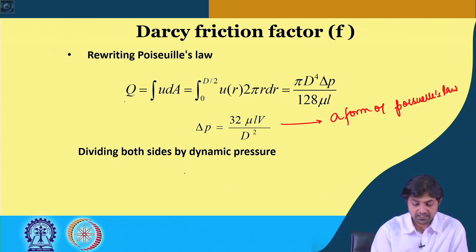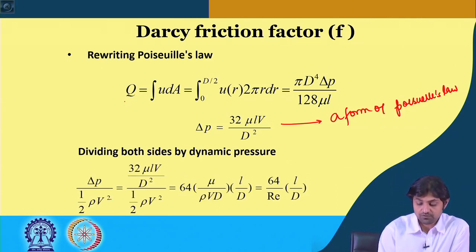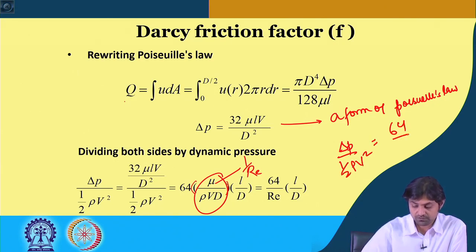If we divide both sides by dynamic pressure, like half rho V square, so delta p by half rho V square will be 32 mu L V by D square divided by half rho V square. So this half goes up and becomes 64, and we can take out mu by rho V D into L by D, and this rho V D by mu is Re. So basically we can write delta p by half rho V square is equal to 64 by Re into L by D.